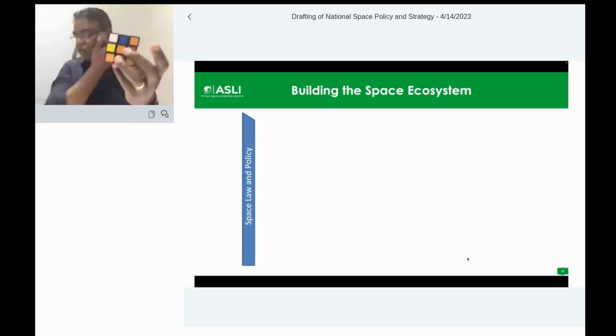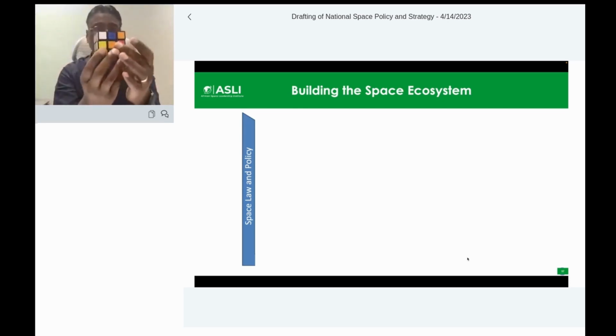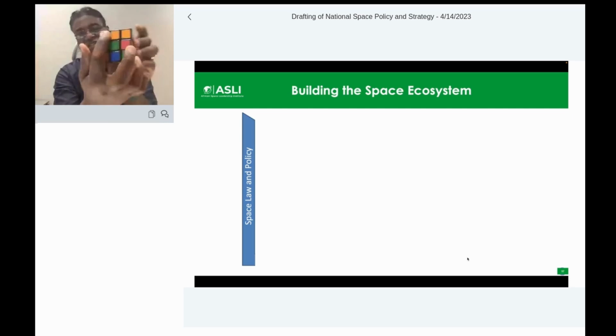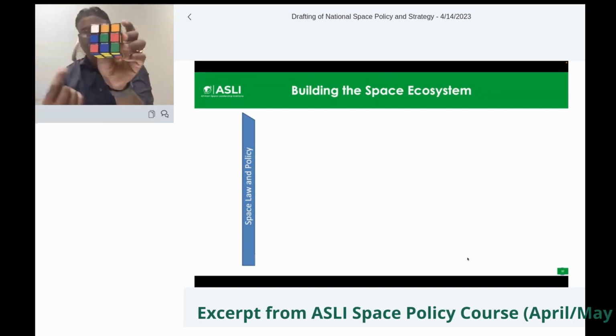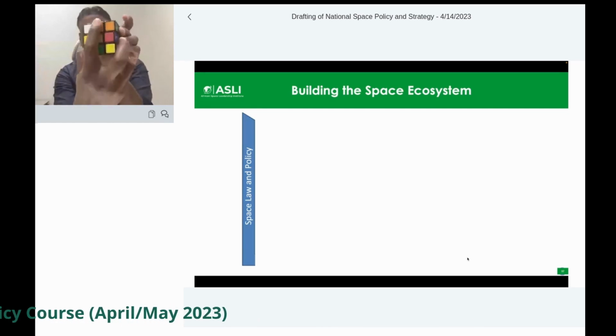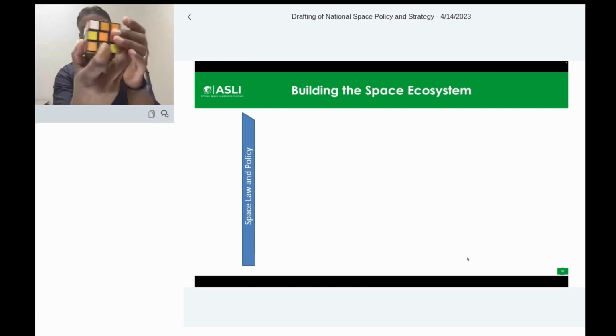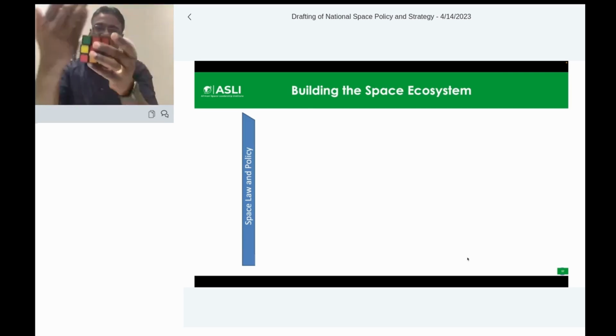If I follow that sequence, you'll notice that the orange is aligned to the green. That's not what I want. I want the orange to be aligned to the center orange. All I have to do is rotate this cube. And the orange will align, the blue will align, the red will align, and the green. I've done the cross, and I've aligned it.